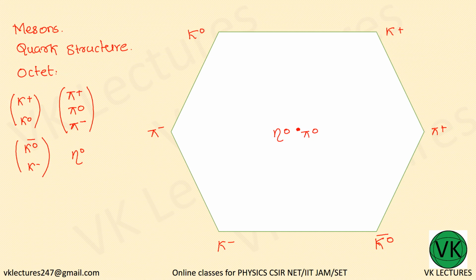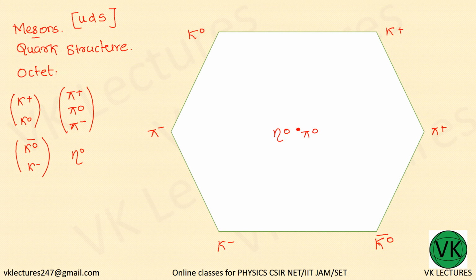Now we need the quark structure. In the quark structure, we deal with up, down and strange quarks. We are going to write down the structure of these mesons.